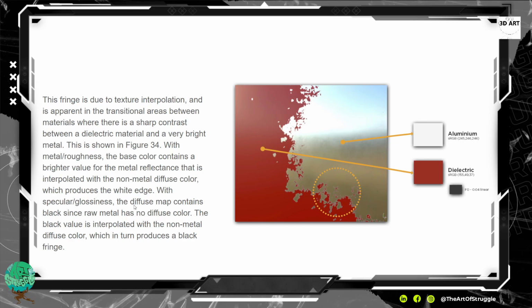With specular gloss, the diffuse map contains black since the raw metal has no diffuse color. The black value is interpolated with the non-metal diffuse color, which in turn produces a black fringe.